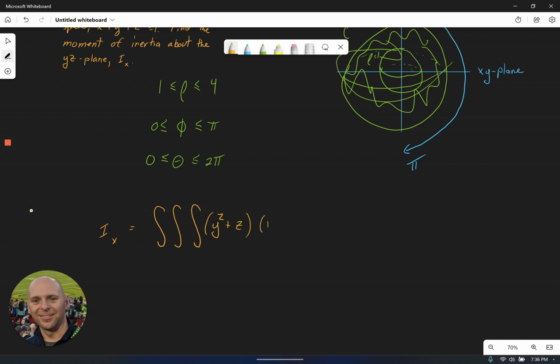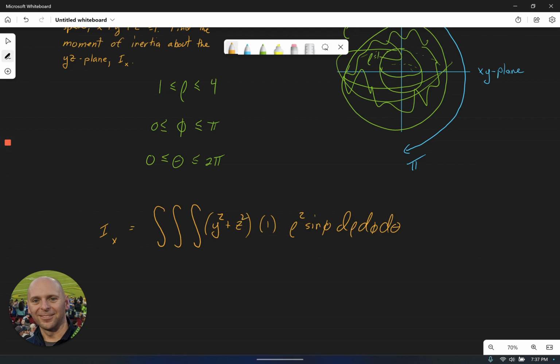In this case, rho is constant density of 1. And we're doing this in spherical coordinates, so dv is going to be rho squared sine phi d rho d phi d theta. And I can see I forgot my z squared, so let's add that on there.